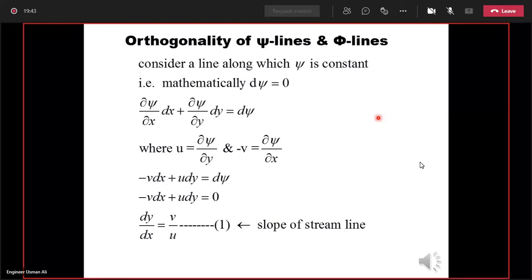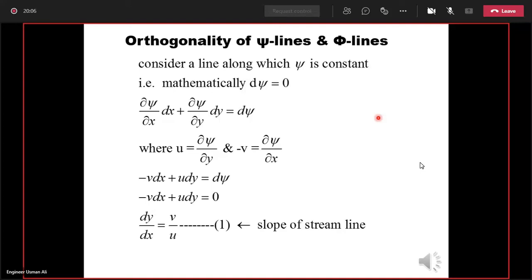That means phi lines and psi lines cross each other at a 90 degree angle, or normally. To prove it, obviously we need to find the slope of both lines. If the slopes of the two lines are negative reciprocals of each other, then we'll say that both lines are normal to each other, or they cross each other normally.